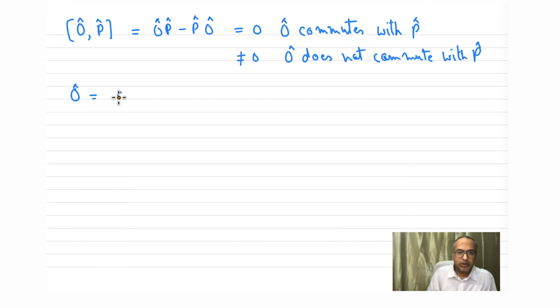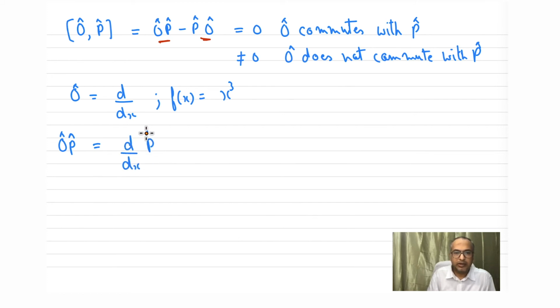Okay, so to be able to calculate this, we need to assume a certain operator. Let's assume d by dx, and we also need a function, so let us assume the function x cube. Now let's calculate the first part, and then we'll calculate the other part. OP is equal to d by dx, then parity, then the function x cube.